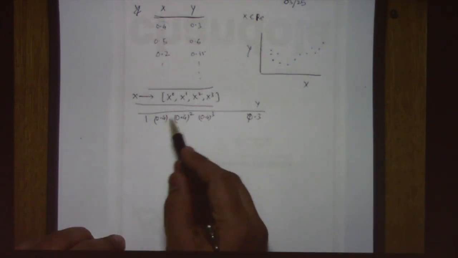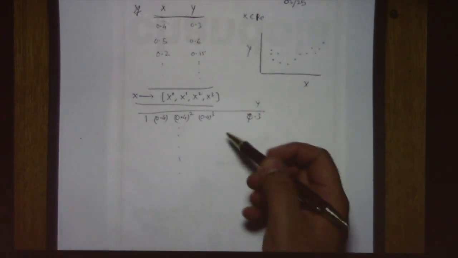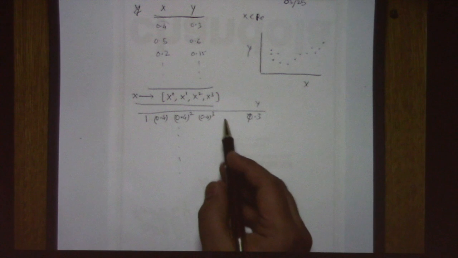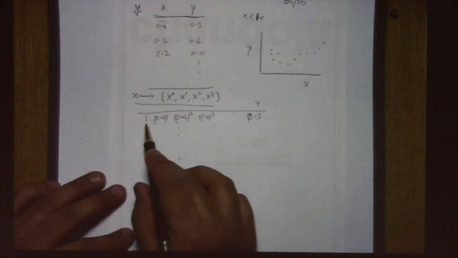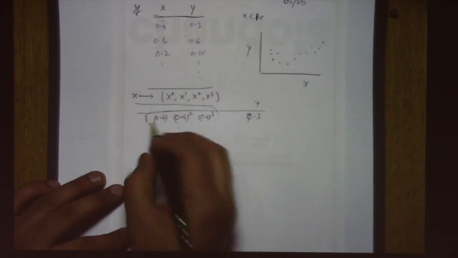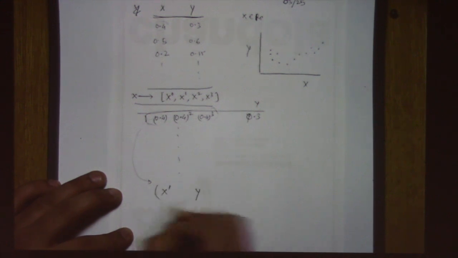And we will see that because these are non-linear functions of your x, when you do linear regression on these features, the resulting line in this higher dimensional space will actually look like a curve, right? So you can think of this as x prime, and y. So this is your training data now.